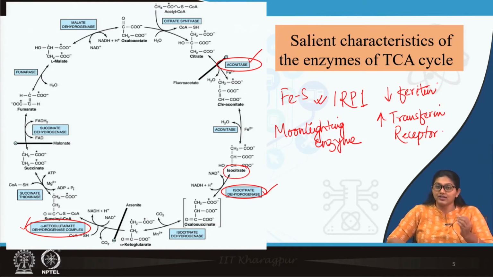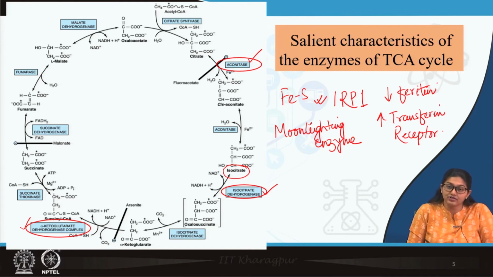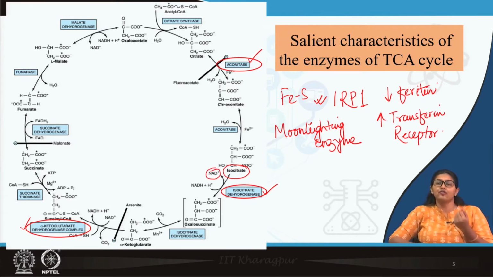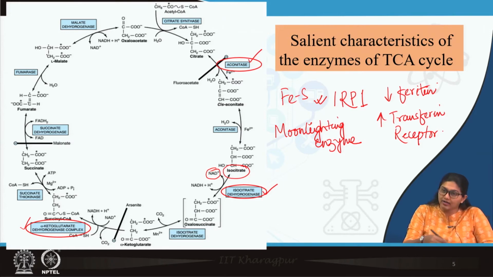Apart from that, isocitrate dehydrogenase in the citric acid cycle utilizes NAD as cofactor. Isocitrate dehydrogenase in our body has 2 isoenzymes. One type uses NAD, is present in mitochondria, and acts in the TCA cycle.